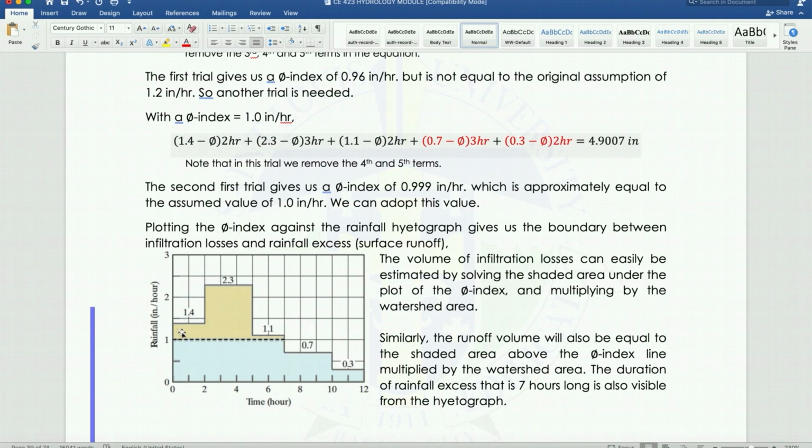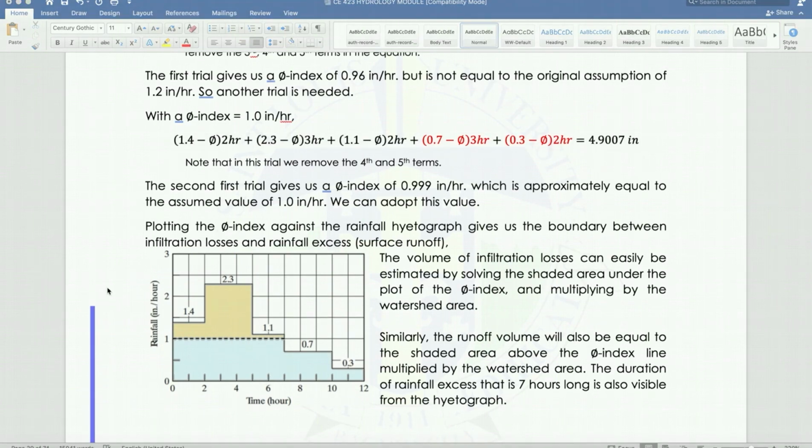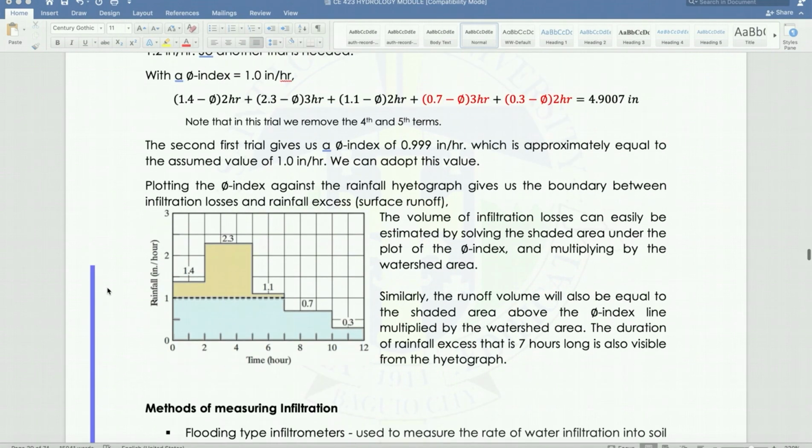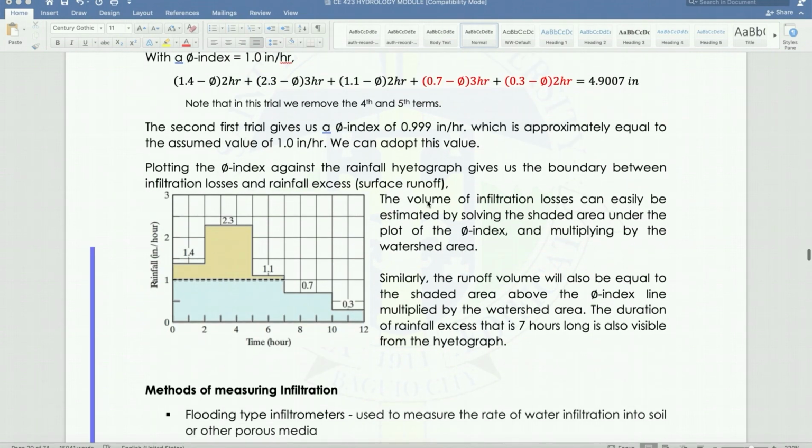So, I repeat, above is the runoff, while below are the losses. So, if you are asked to solve the volume of infiltration losses, simply get the area of the shaded part below times the area of the watershed. Then for the rainfall excess, the volume above times the area of the watershed.